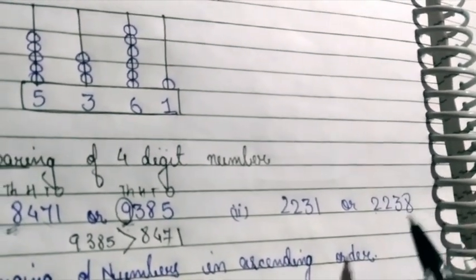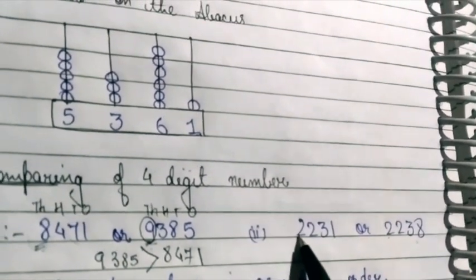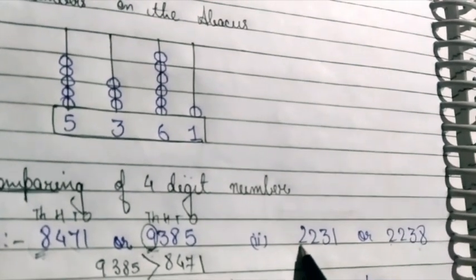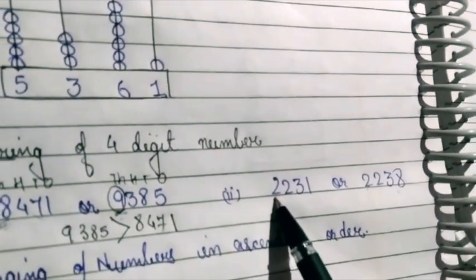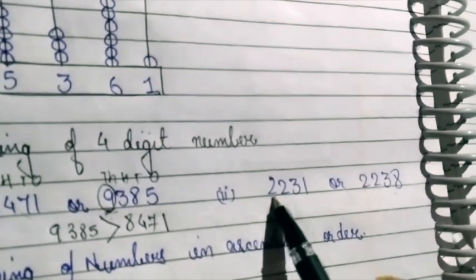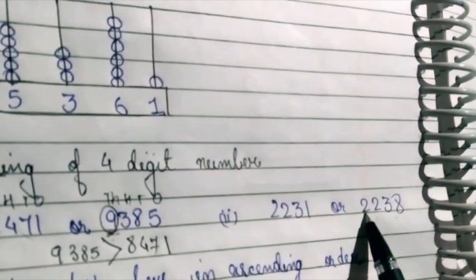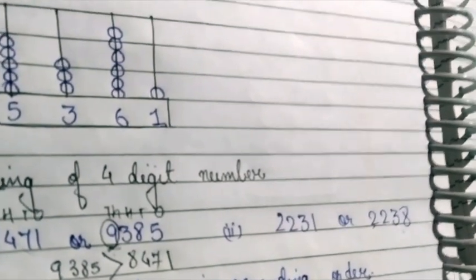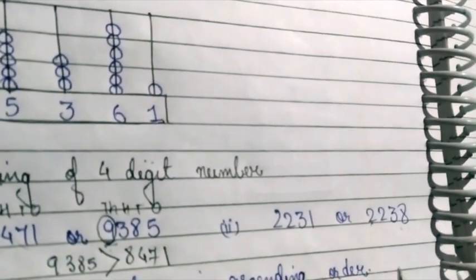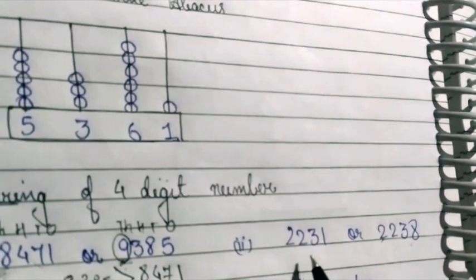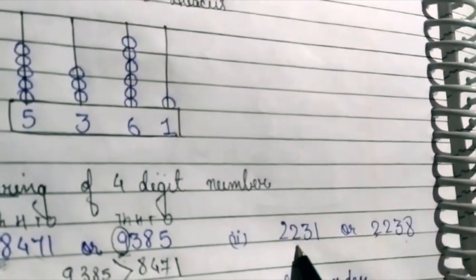Let's just take another example, 2231 or 2238. If we look into the numbers, what we see in the thousands place, here is also 2 in the number 2231, and here is also 2 in the number 2238. So if the numbers in the thousand place are equal, we move to the hundreds place. What is the number in the hundred place? It is 2.